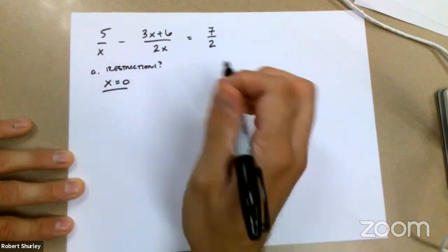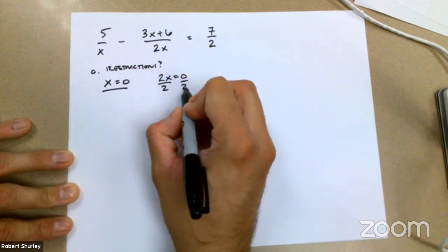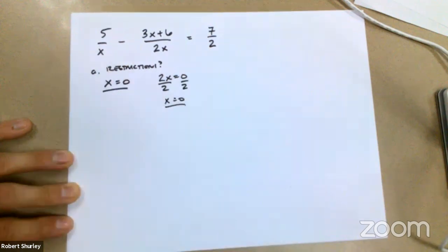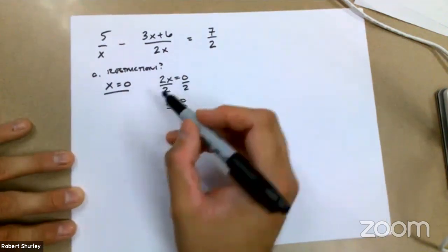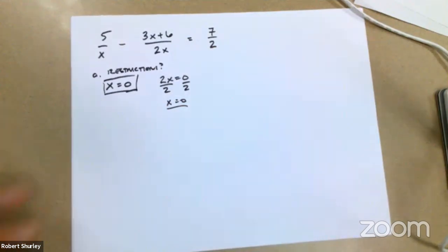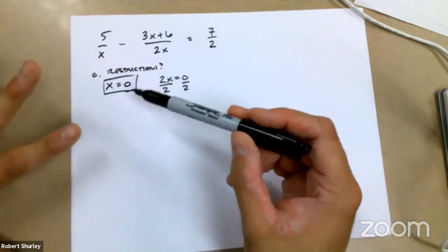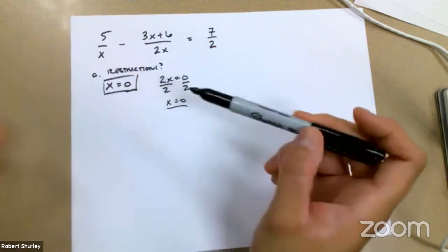I've got to remember that. Now 2x equals 0 is going to be x equals 0 as well, so it kind of doubles up there. So my restrictions are just x equals 0, okay? I cannot have a solution to this equation that's 0, because think about this. If I plug 0 in, like we did on that last example, to check it, right?